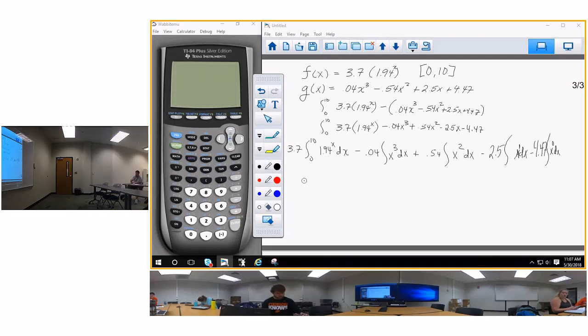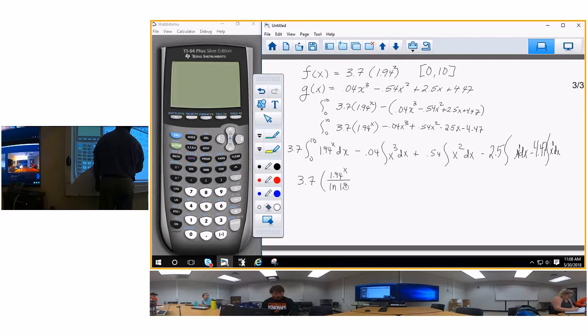So I'm going to rewrite this as 3.7, and now I'm going to put a parenthesis here, and I'm going to put 1.94 to the x power over the natural log of 1.94. Well, what can happen to that 1.94? It can come back out.